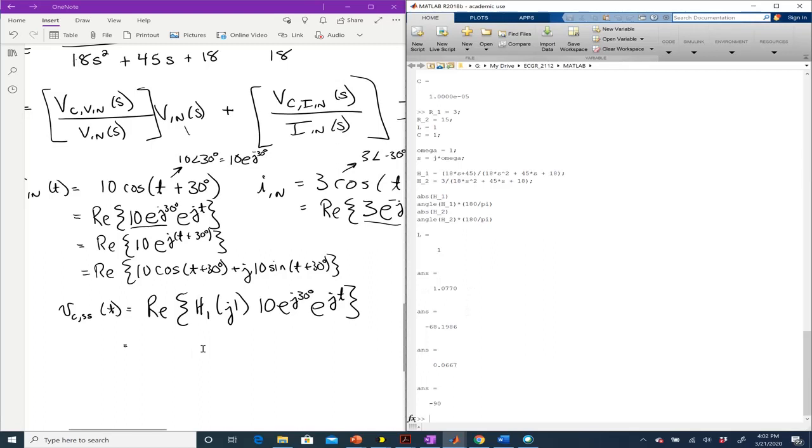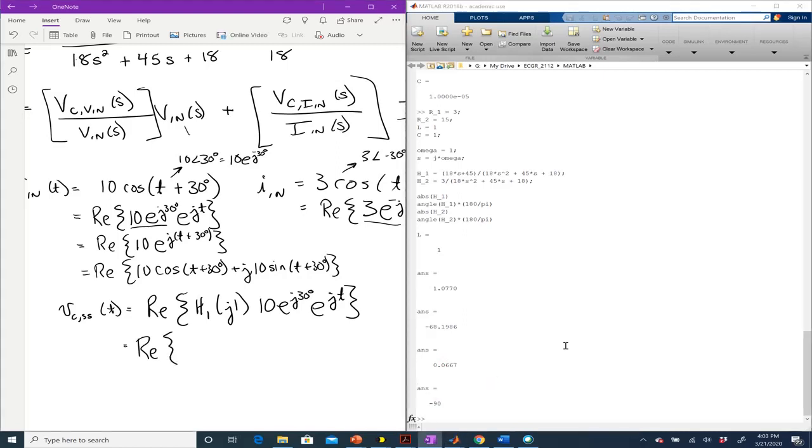So notice I know the order of these things. This is the magnitude of H1, this is the angle of H1, this is the magnitude of H2, this is the angle of H2. So I'm going to write this like this.